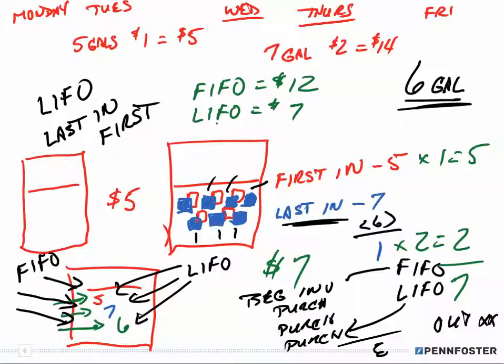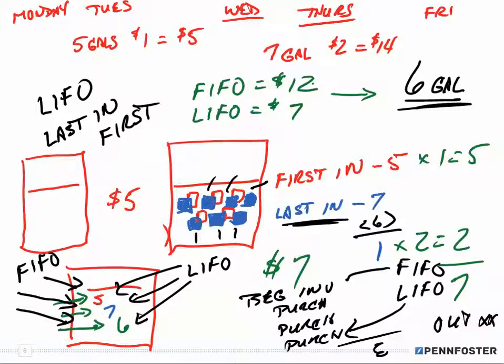So this kind of presents a paradox in that they're the same 12 gallons of milk, and they're both priced, the 5 at $1 and the 7 at $2, and we still only have 6 gallons in the refrigerator. So why, depending upon the method, do we have 2 different amounts for the value of our inventory? And that's true.